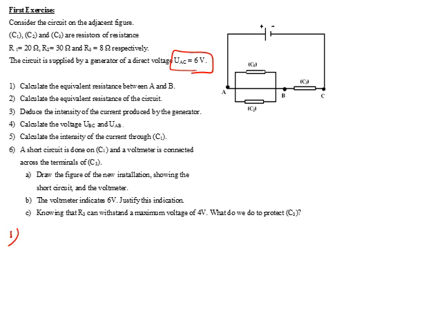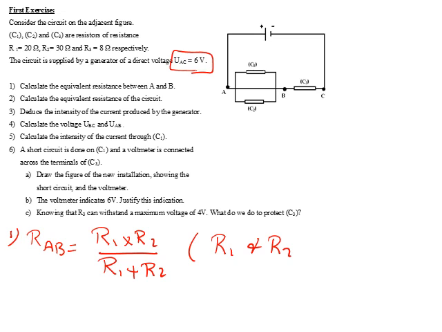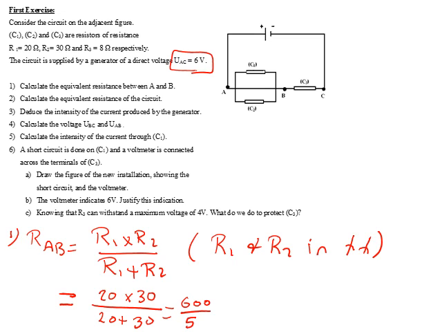R equivalent between A and B is equal to R1 times R2 over R1 plus R2, since R1 and R2 are in parallel. It equals 20 times 30 over 20 plus 30, so it equals 600 over 50, which equals 12 ohm.